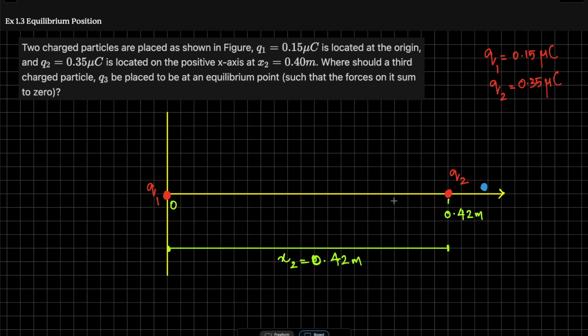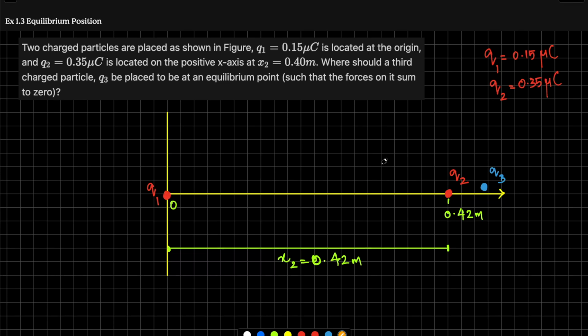So what will be the direction of forces? This is Q3, a negative charge. There will be two forces. The first force will be from Q1 and the second force will be from Q2. I'll draw the forces.